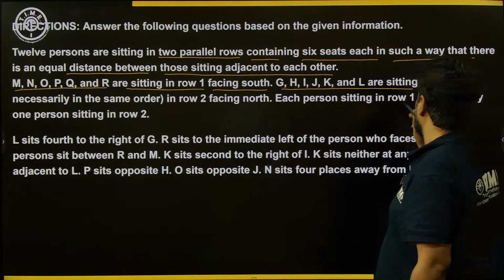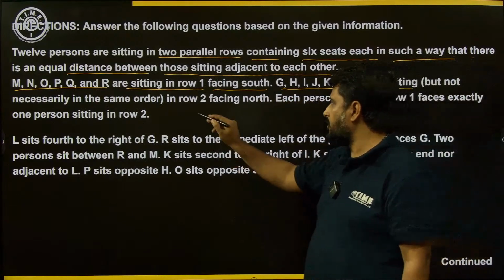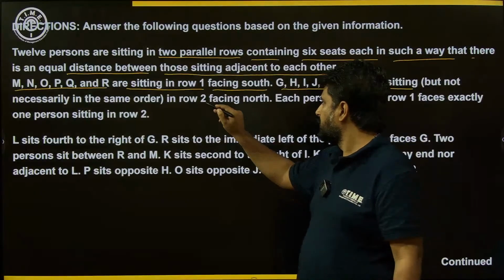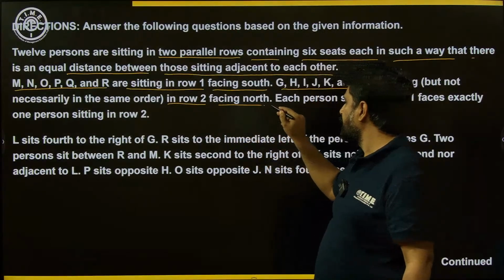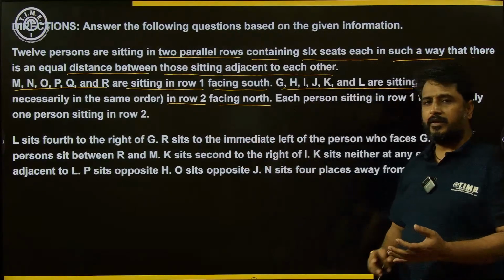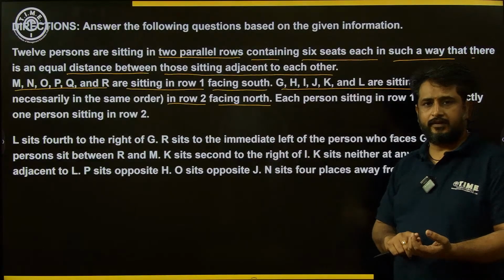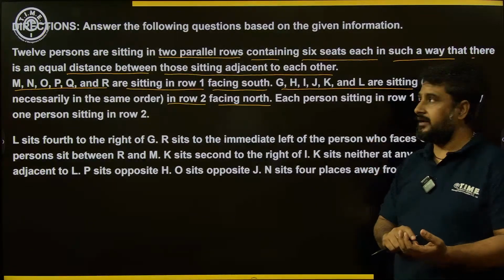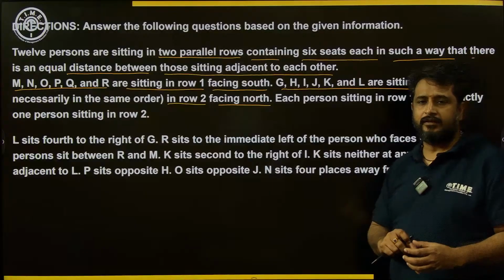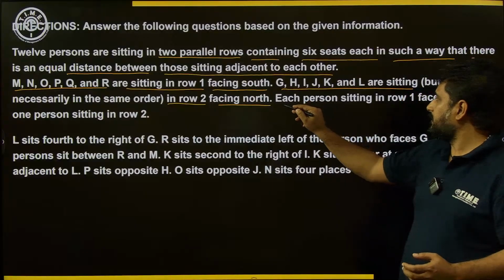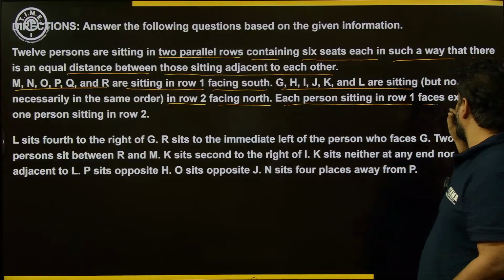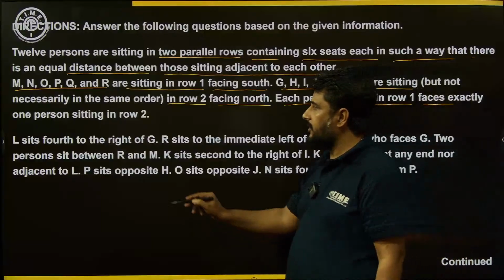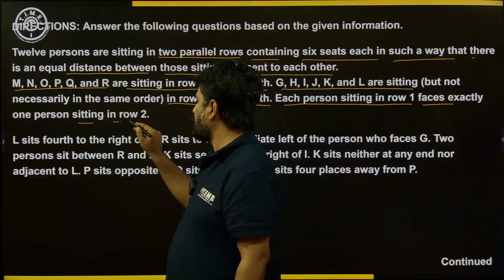G, H, I, J, K, L are sitting, but not necessarily in the same order, in row 2 facing north. It means MNOPQR are facing south, and GHIJKL are facing north. Each person sitting in row 1 faces exactly one person sitting in row 2.